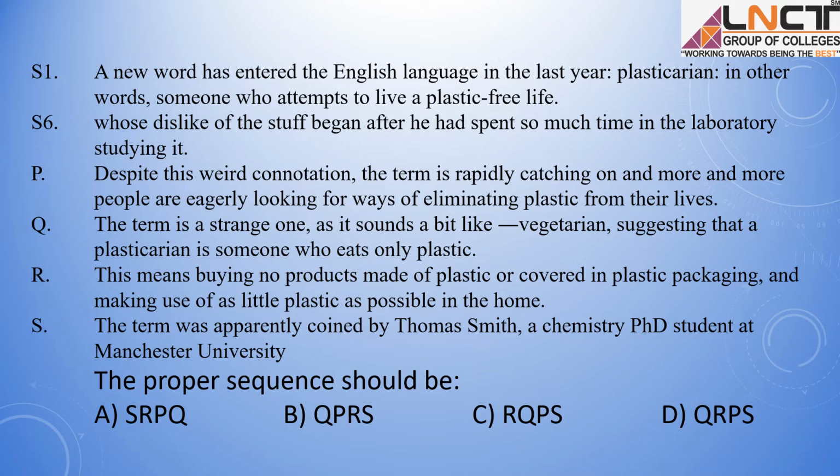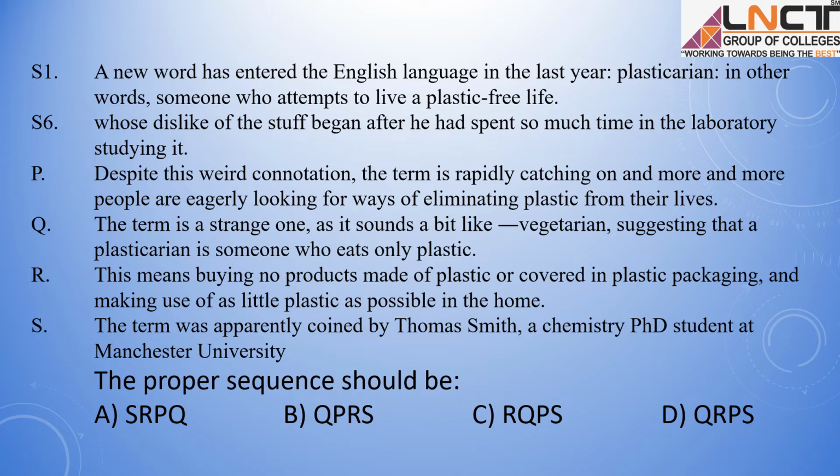So we have now what? We have got R, we have got Q and P, and the rest is S. The term was apparently coined by Thomas Smith, a chemistry PhD student. And as I told earlier, in S6 we have this term, whose dislike of the stuff, and that means that you need a name before this.